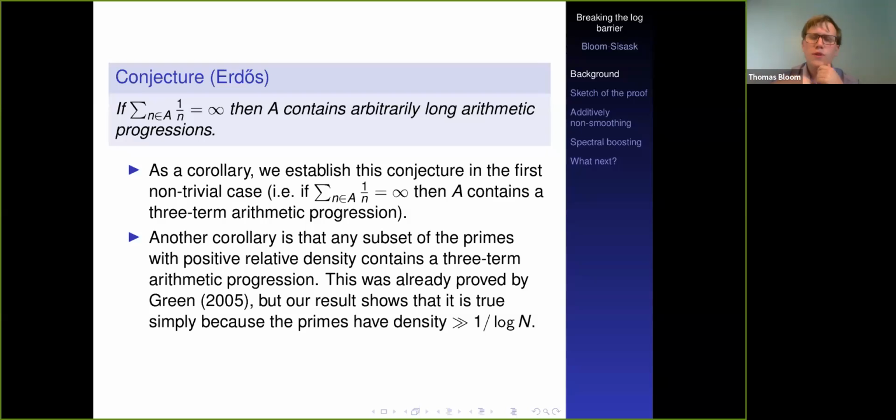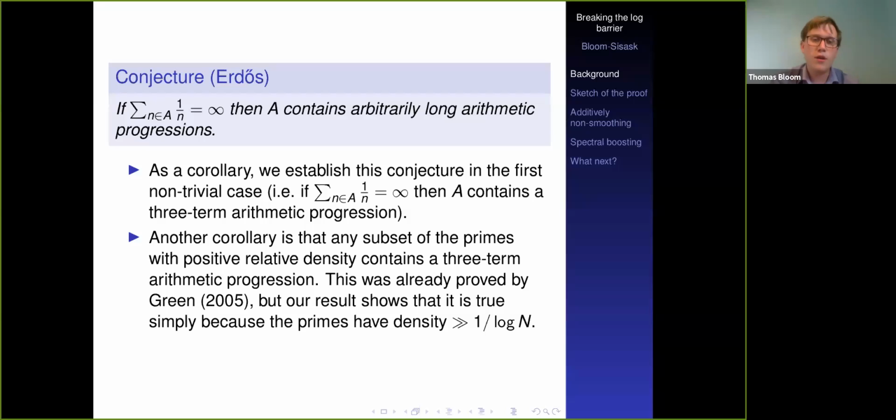And of course, famously since then, we actually know this is true about the primes, not by establishing this conjecture of Erdos. Green and Tao have proved that the primes themselves do contain arbitrarily long arithmetic progressions, and indeed dense subsets of the primes do contain arbitrarily long arithmetic progressions. But they do it not by establishing this conjecture, but by using some quite special properties of the primes.